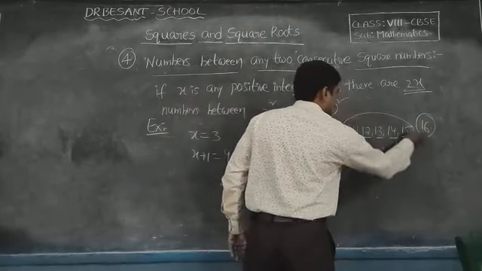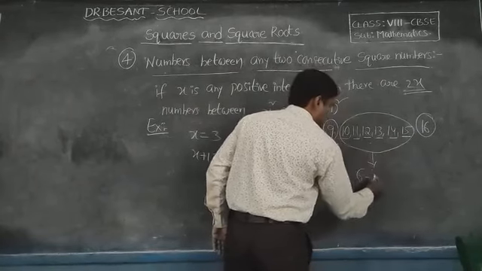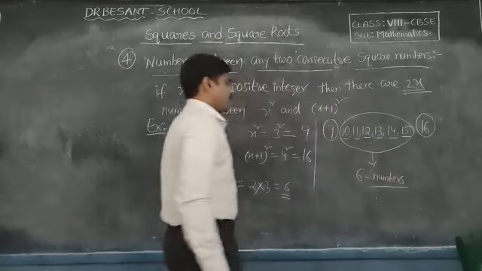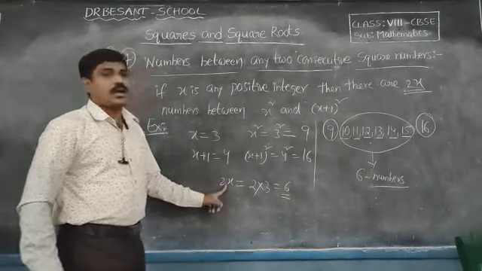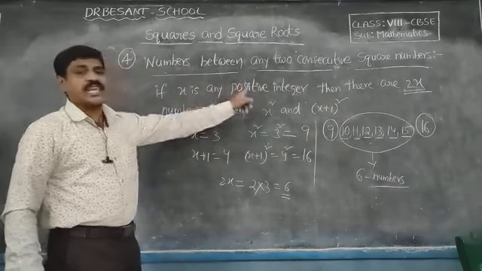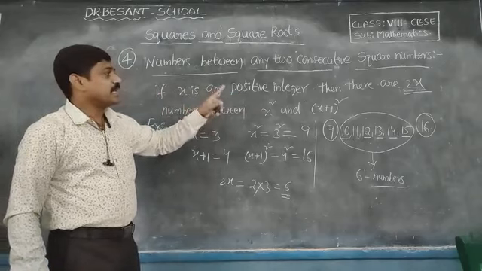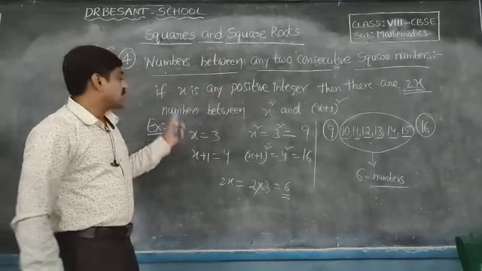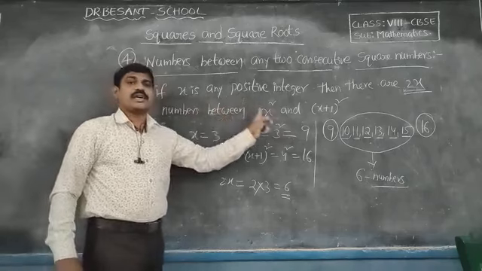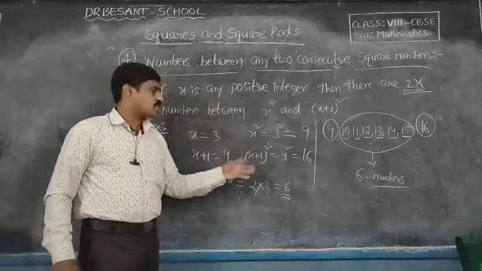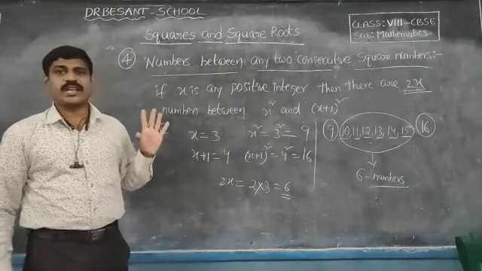So these are 6 numbers. So if x is any positive integer, then there are 2x numbers between x square and (x plus 1) whole square. Okay, so this is one example. I hope it's very clear.